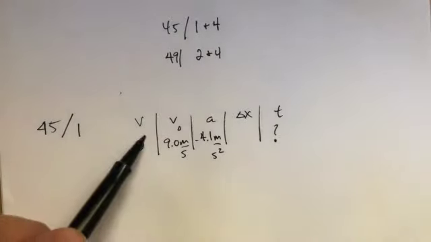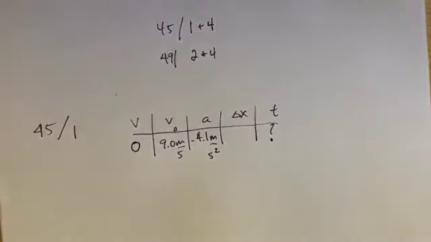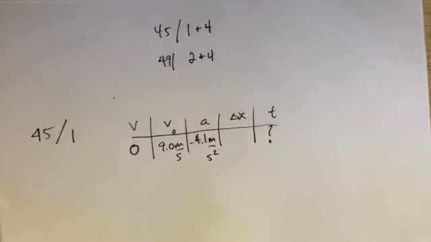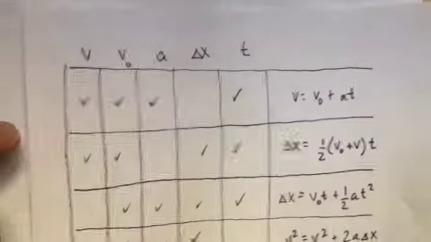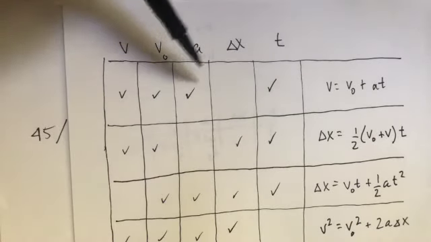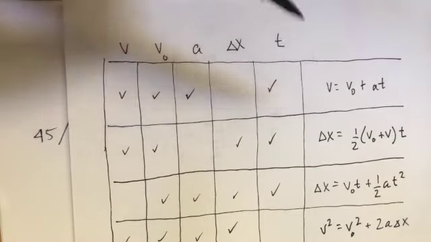The reason I made this chart this way is so that now I've got the first, second, third, and fifth thing. If I look at my chart in the notes, first, second, third, fifth, this is the right equation to use in this situation.